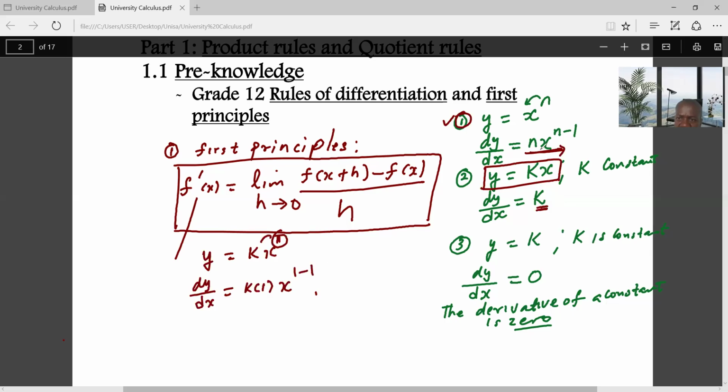This becomes k multiplied by x to the power of 0, and we know that any number raised to the power of 0 is 1. So it will be k times 1, and the answer is k. That's why the derivative here is k. So these are the 3 rules that we have learned from grade 12, which are very important.